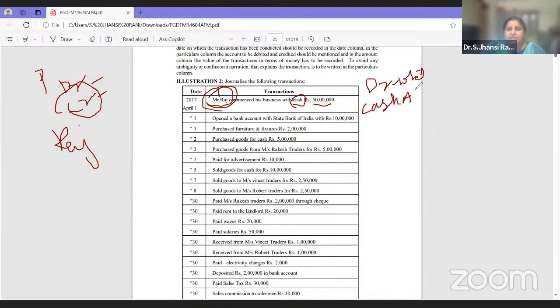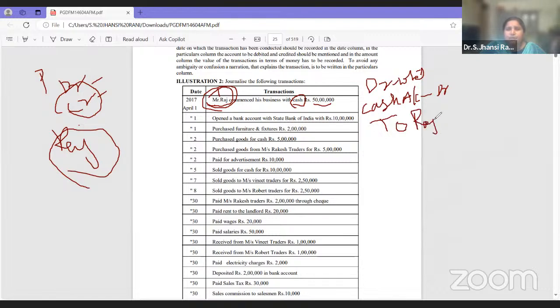Like this we'll write the entry. Cash account debit. Who is giving? Raj is giving. Raj is a personal account, credit the giver, so we will credit him. Whenever we credit, we write "To" and then who is giving. Raj is giving in the form of capital.